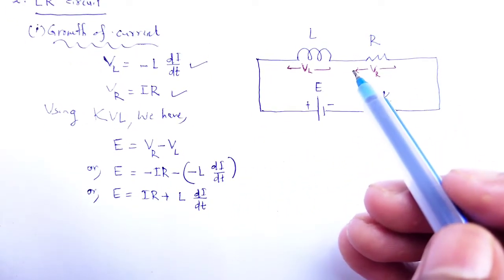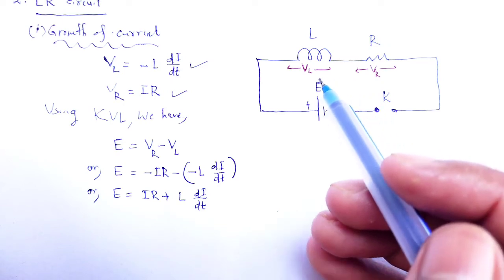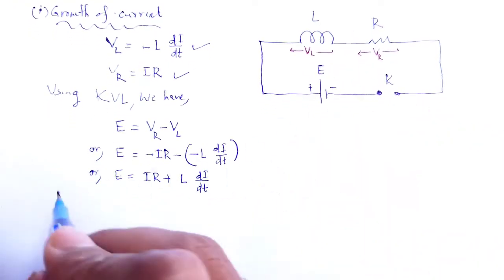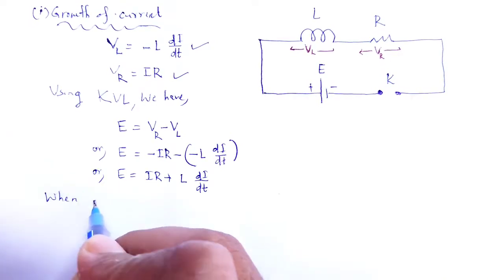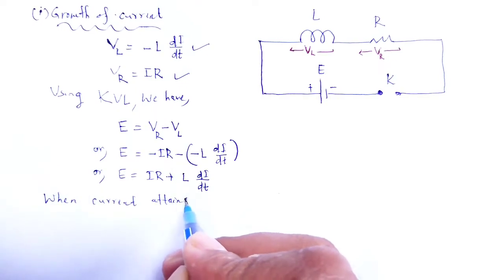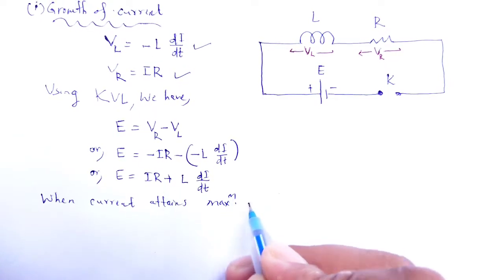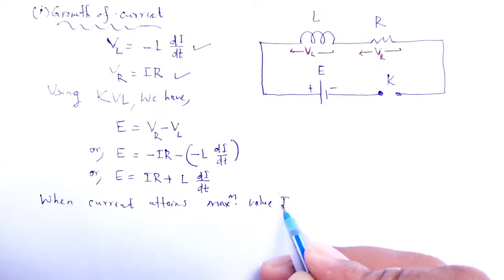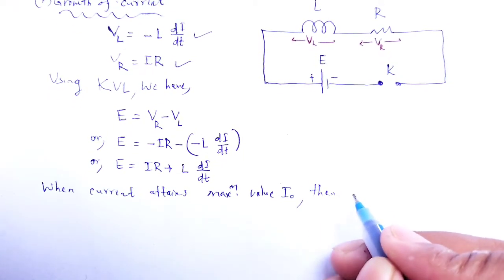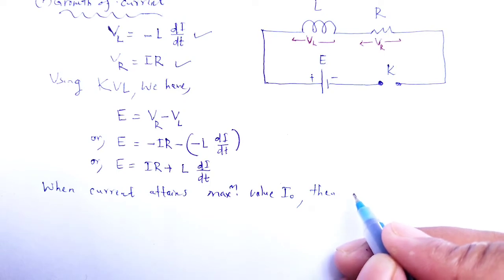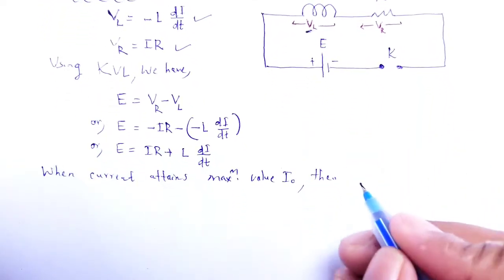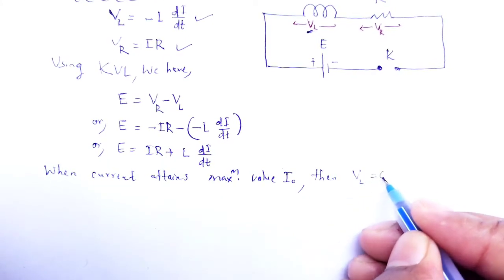When the current attains the maximum value I naught, then the induced EMF, that is V of L, is equal to 0.